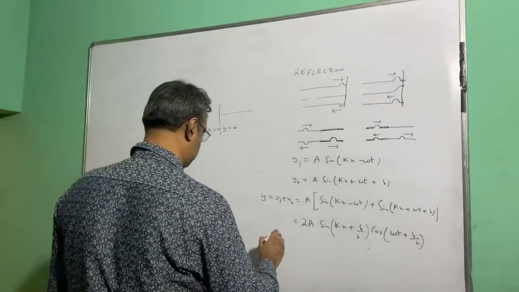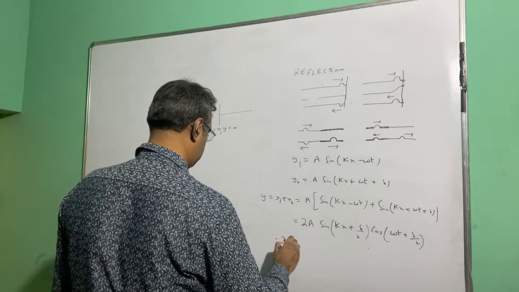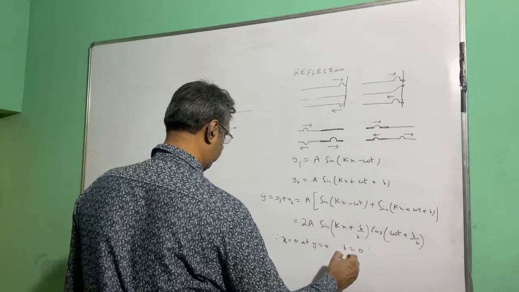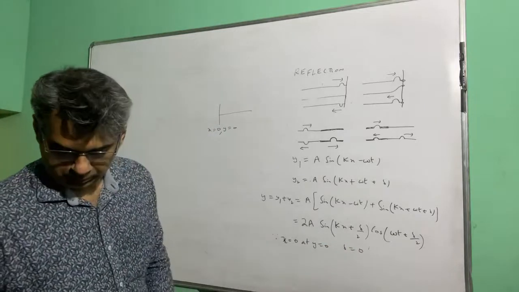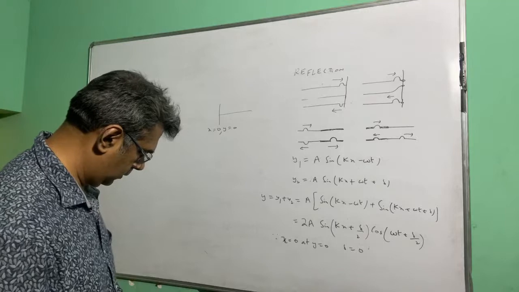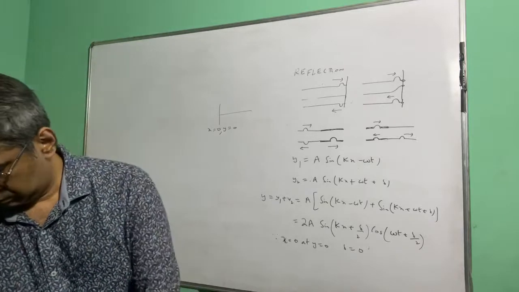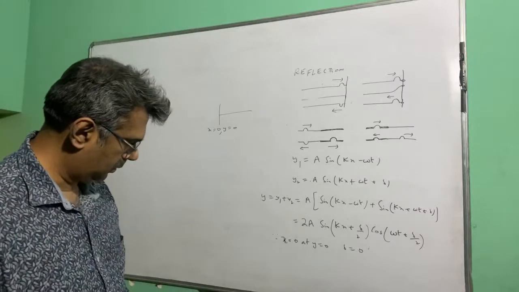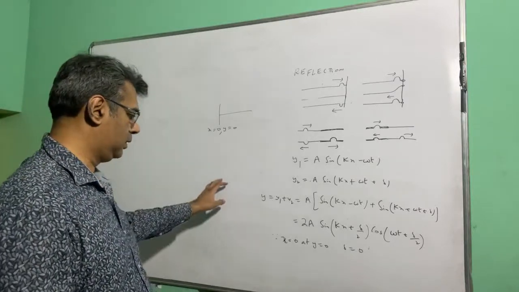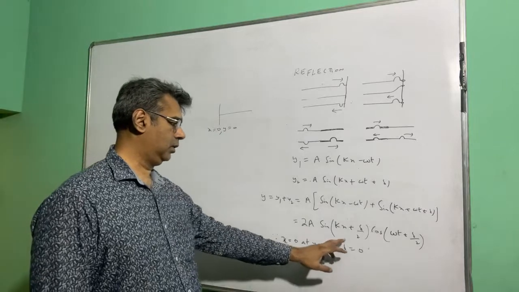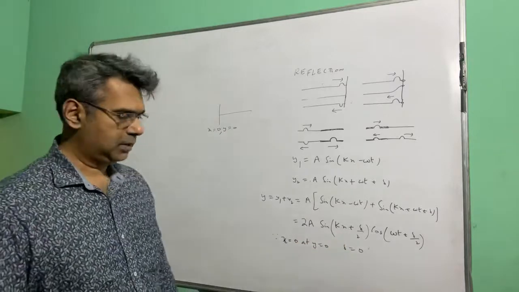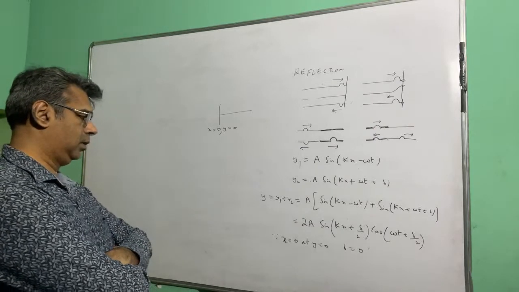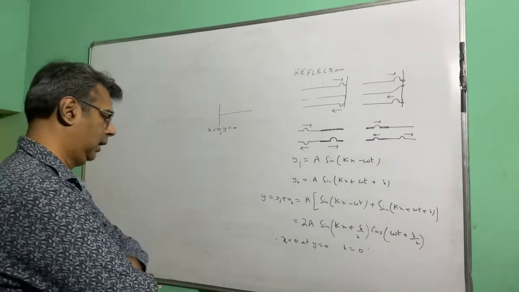So since x will be 0 and y equal to 0, therefore delta will be 0.